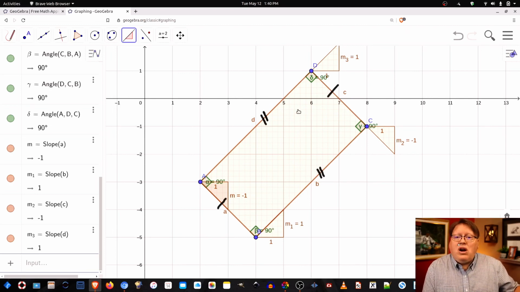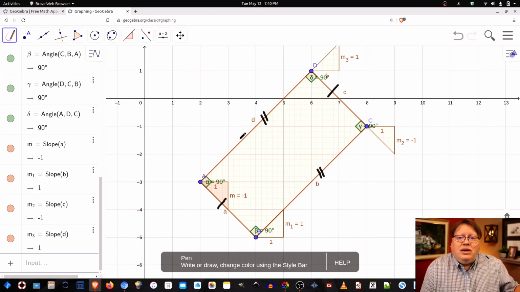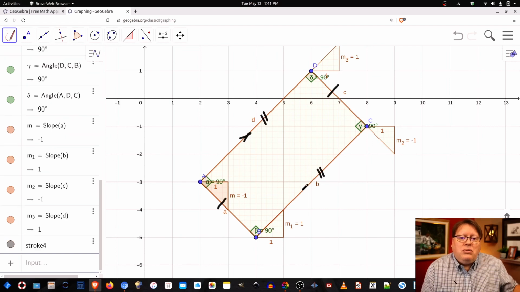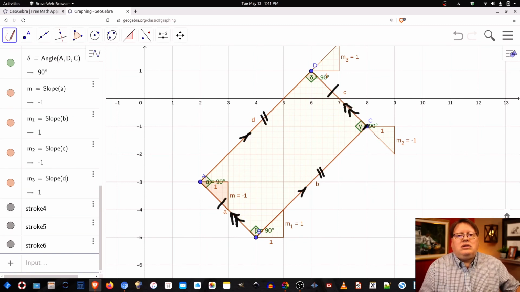So if we mark that on our figure with a pen tool, we know that sides D and B are parallel. So we're going to put a single arrow on that. That tells me these opposite sides are parallel. And also side A is parallel to side C.